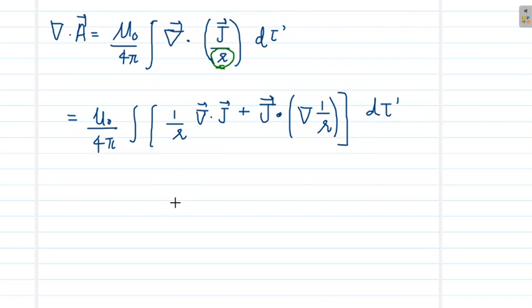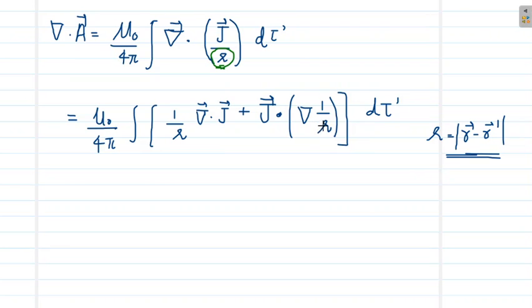Now we have this 1 by r here, and this del of 1 by r. We know the curly r, the magnitude of r, is the modulus of r bar minus r bar dash. We have said that it's a scalar quantity, equal to the magnitude of r bar minus r bar dash.